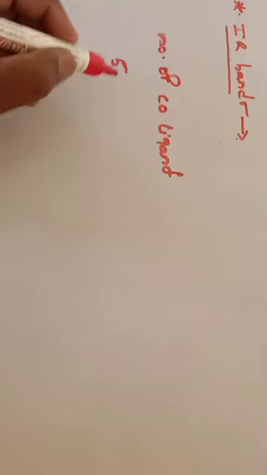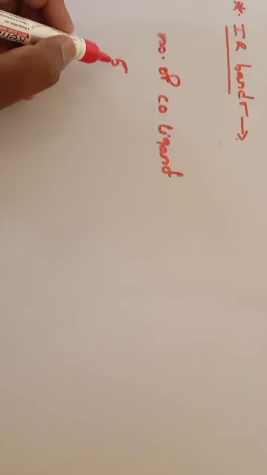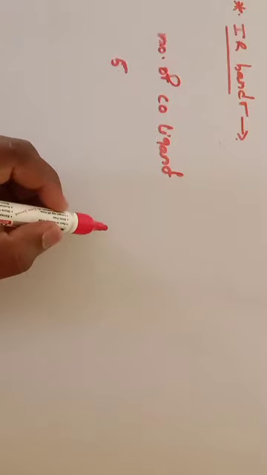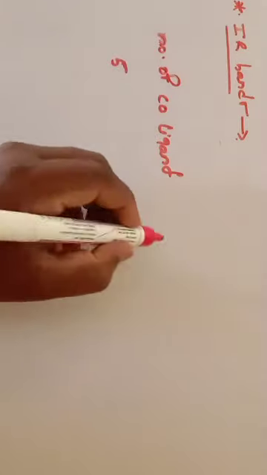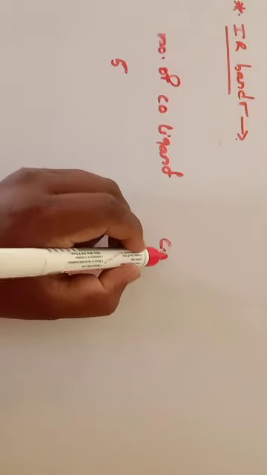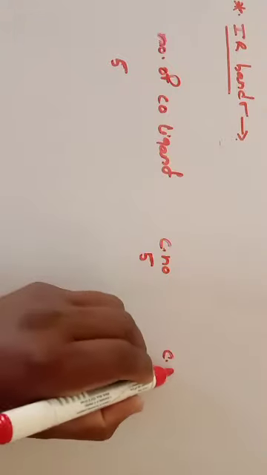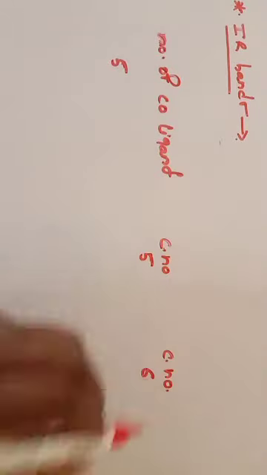Whenever the number of CO ligands is 5, there are 2 coordination numbers. When the CO ligand count is 5, we know that the geometry is perfect trigonal bipyramidal geometry. So in this case, we are considering 2 coordination numbers, that is coordination number 5 and coordination number 6.